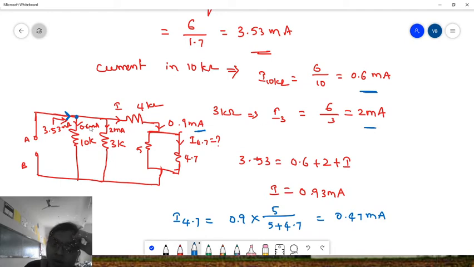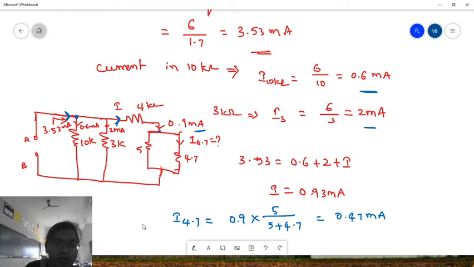So total 2.6 milliamps is divided. The remaining current should flow through the 4 kilo ohms. So 0.9 milliamps passes here, up to here. Again that is divided here, so we need to calculate 4.7. You can apply the current division principle here.